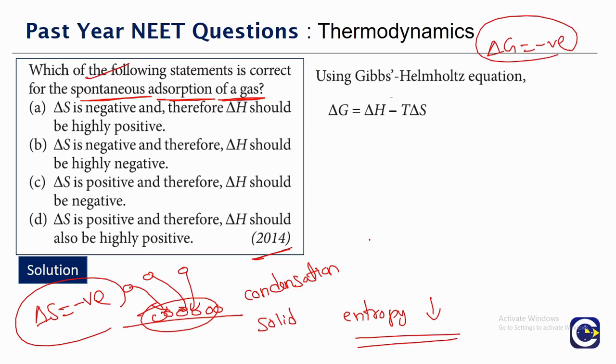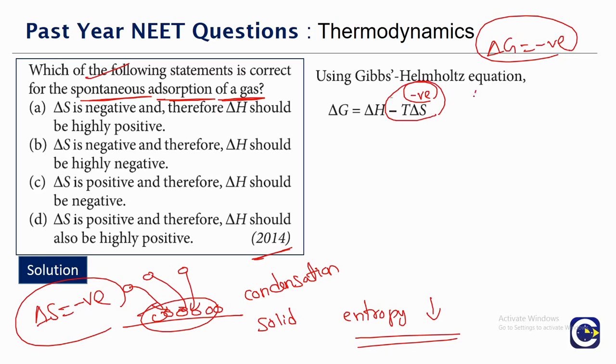Okay, so look at the Gibbs-Helmholtz equation. Del G is equal to del H minus T delta S. Here, delta S is negative, because any adsorption, physical adsorption or chemical adsorption, has a negative delta S. So minus into minus, overall, the second term will become positive.